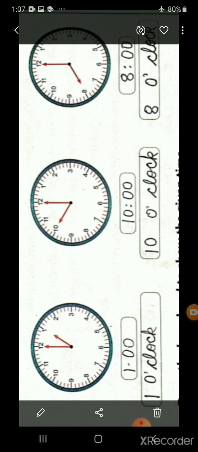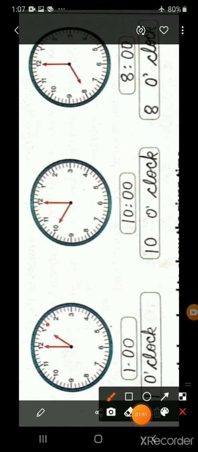Now in the fourth picture you can see that the hour hand is on 1 and the minute hand is on 12, so it will be 1 or 1 o'clock. In the fifth picture you can see that the short hand is on 10 and the minute hand is on 12, so it will be 10 or 10 o'clock.